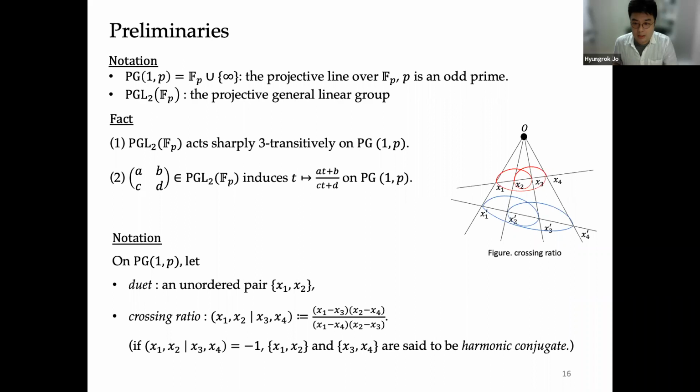On the projective line, we define a duet, which is an ordered pair, and a triplet, and we define the cross ratio of a list of 4 collinear points on the projective line. In the figure, there are two sets of 4 points, x1 through x4 and x1 prime through x4 prime, and their cross ratios are equal. Especially if it is -1, then we call them a harmonic conjugate.